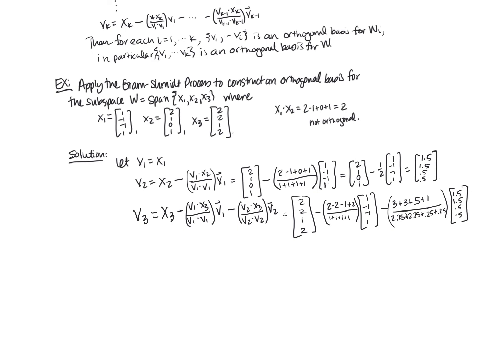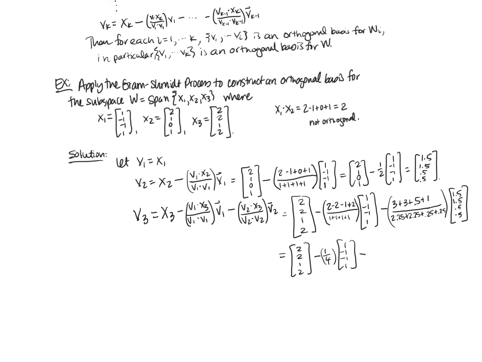Okay, so let's get all this together. So I have 2, 2, 1, 2, minus, that simplifies to 2 minus 1, so 1/4 times 1, minus 1, minus 1, 1.